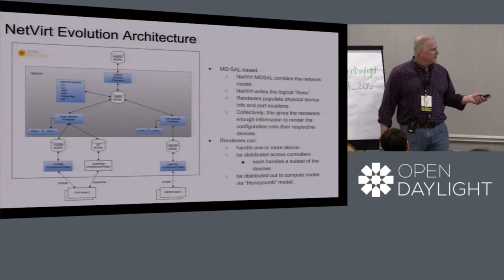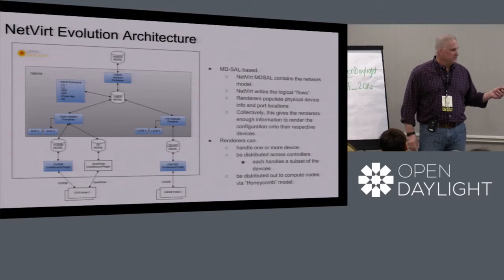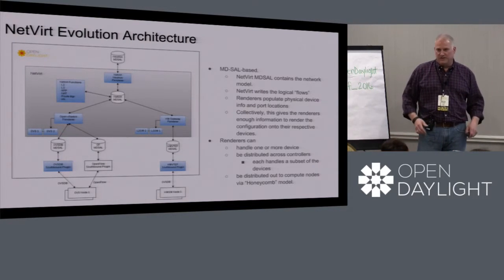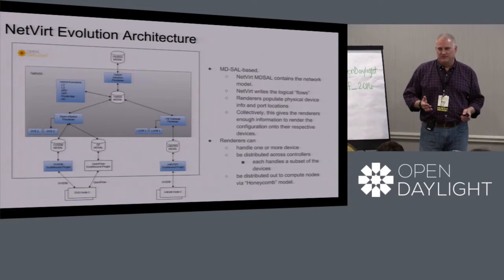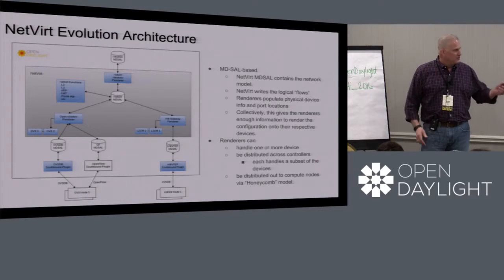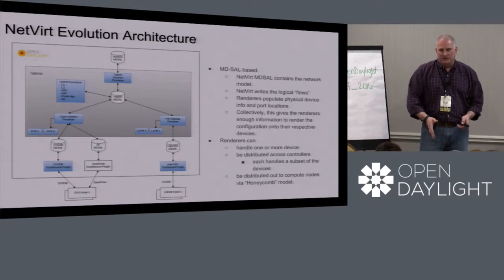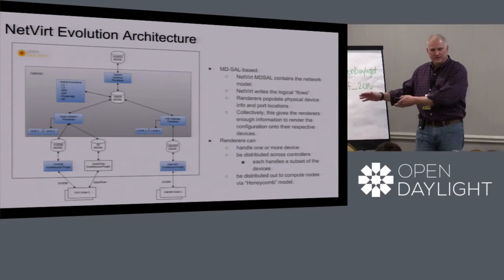What I was thinking on the clustering, let's say we just had OVS switches, and let's say you had 3 nodes and 9 OVS switches. You could divide those OVS switches up so that you have an instance of the Open vSwitch renderer running on each cluster node, each responsible for its 3 switches.